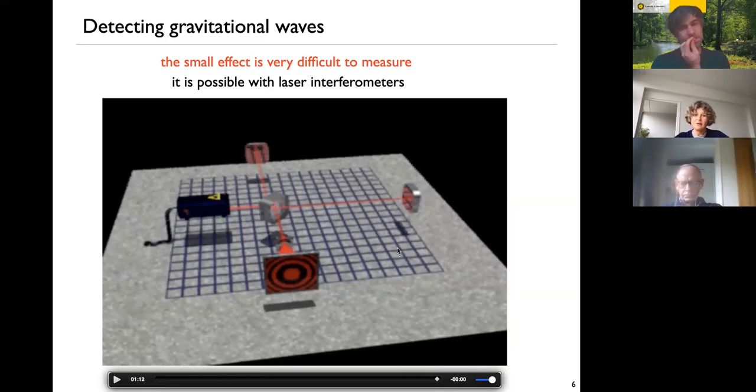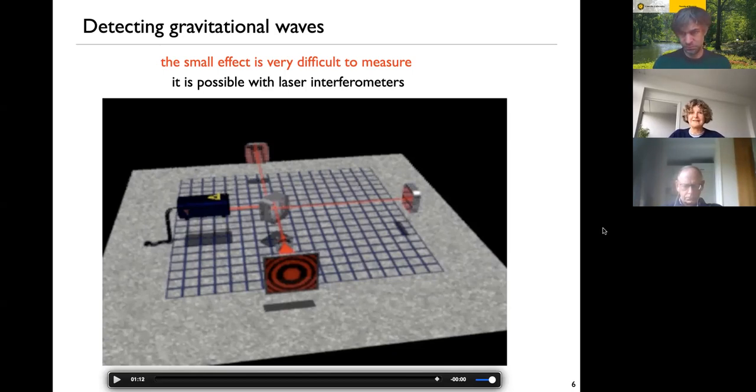At present, when there's no wave present, a photodetector is centered on one of the dark fringes of the interference pattern, so no light reaches it. But if a wave passes, then some tiny amount of light reaches the photodetector. And nowadays, photodetectors can be quite sensitive to even small amounts of light. So we can measure gravitational waves.